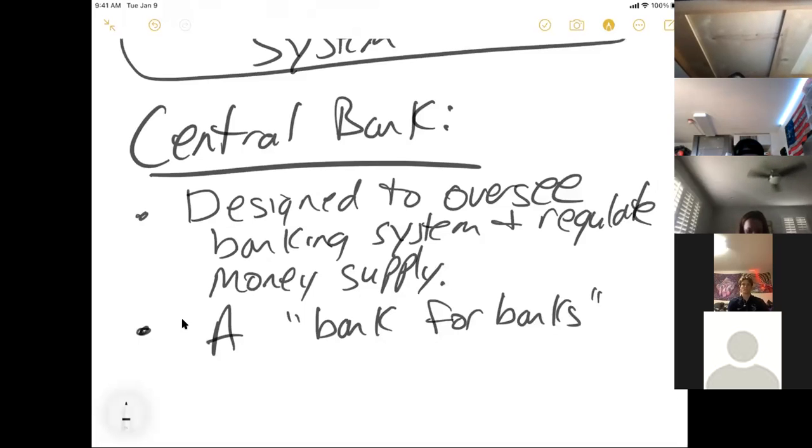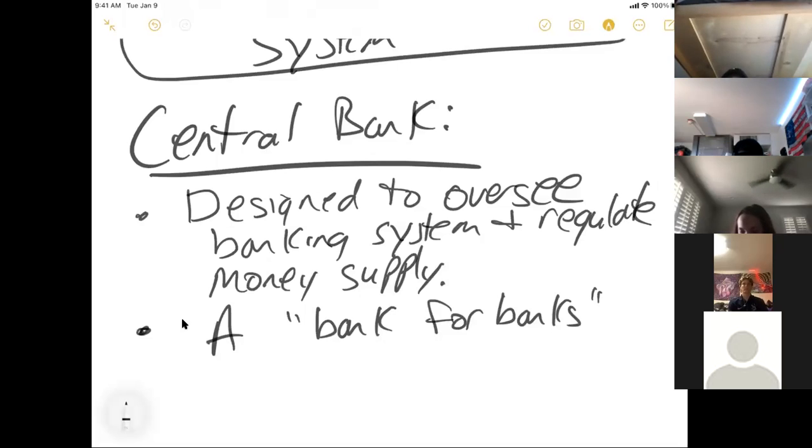And so, once again, for those of you who've seen the Hamilton musical or whatever, this was a huge debate in early US history as to whether the US should have a central bank like England had a Bank of England. And in fact, this was something that the framers of the Constitution punted on. There's nothing in the Constitution about a central bank. They basically left it for later.